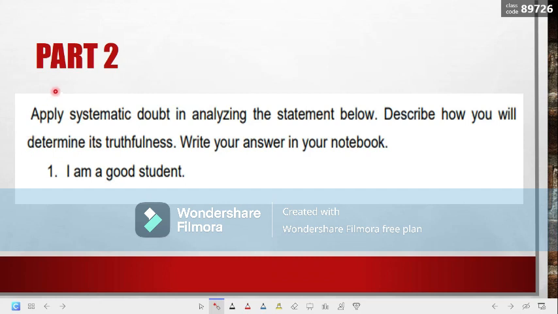Okay. Part 2, apply systematic doubt in analyzing the statement below. Describe how you will determine its truthfulness and write your answer in your activity notebook. The statement goes this way: I am a good student. Okay. So, you have to complete the assessment for both part 1 and part 2.